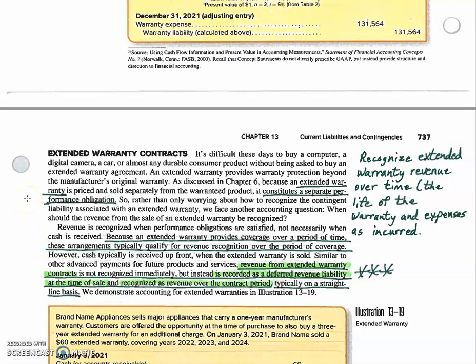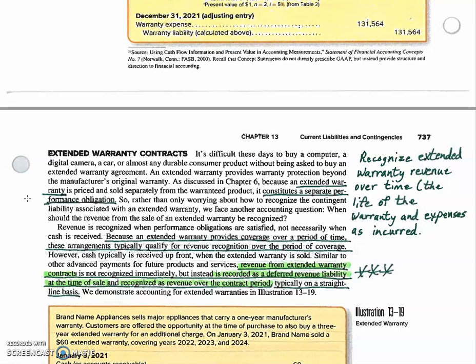the new revenue recognition approach that you learned actually made extended warranties a lot simpler. Prior to that change in revenue recognition, very commonly when extended warranties were sold, companies would recognize the revenue for the sale of the extended warranty as current revenue, and then they would have to estimate the liability and record a contingent liability for the estimated warranty costs.